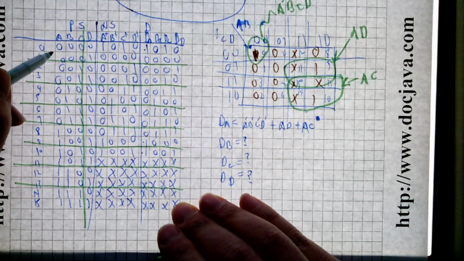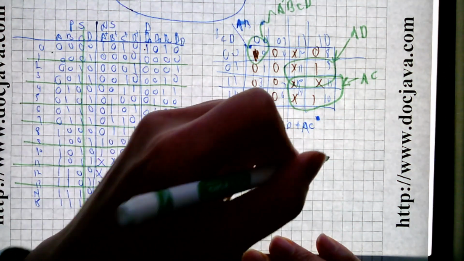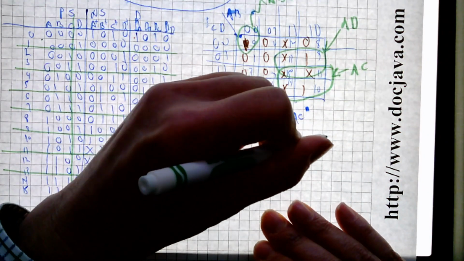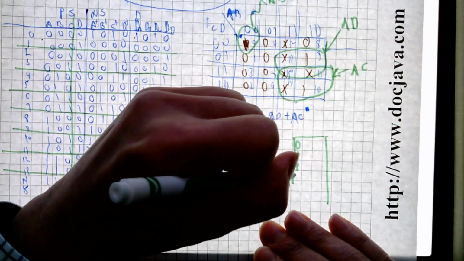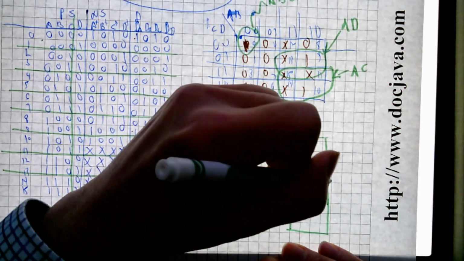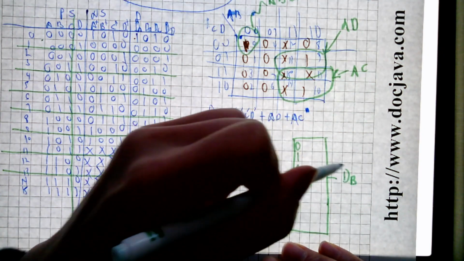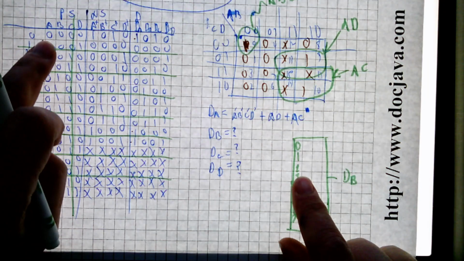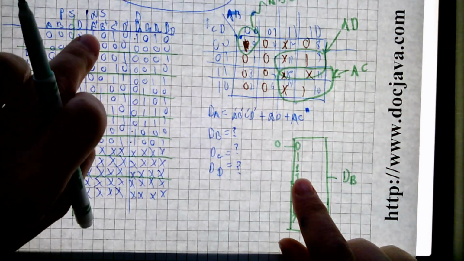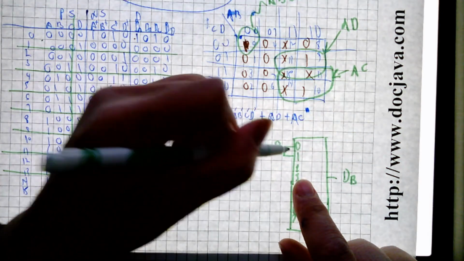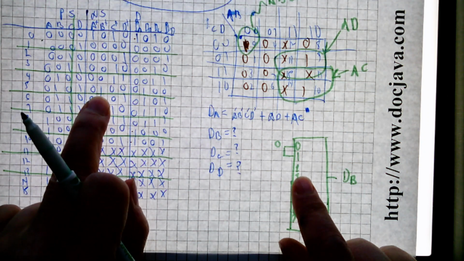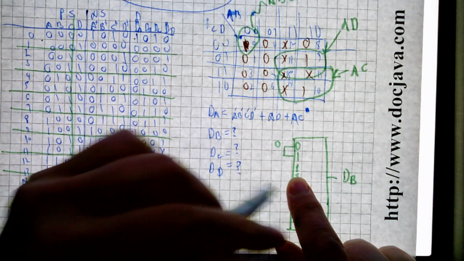This would be input 0, and then for d sub b, this is a really slick way to go. Call this d sub b, and now input 0 is actually equal to 0. You see b is 0 here, and it's 0 over there, and it's equal to d in here.